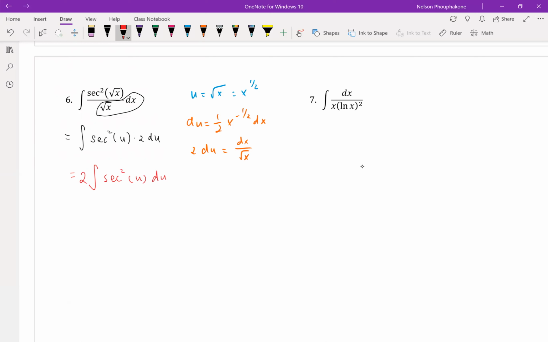We know that the derivative of tangent is secant square u, right? So therefore, in this case, I will have 2 times tangent of u plus c. Then, of course, my answer would be 2 times tangent of square root of x plus c.